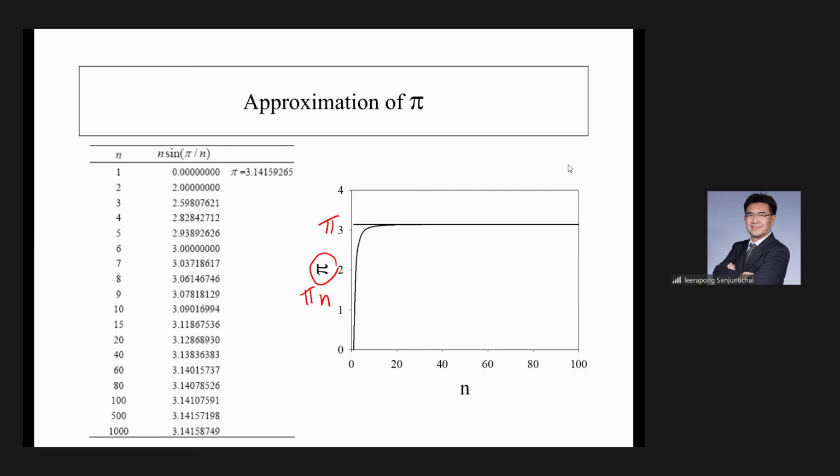So it means that when you use more terms here, the function pi n should approach the exact pi. This is the nature of numerical approximations or numerical methods that we expect. So it involves approximation.